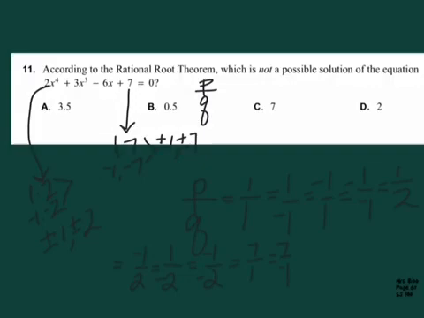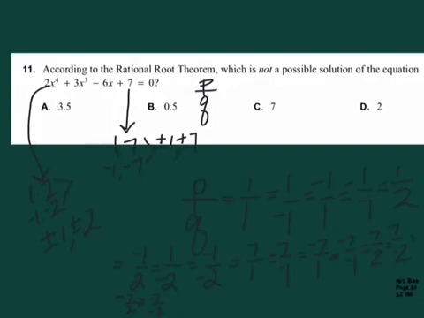Then positive 7 divided by positive 2, positive 7 divided by negative 2, negative 7 divided by positive 2, and negative 7 divided by negative 2. I think that gives me all of them.